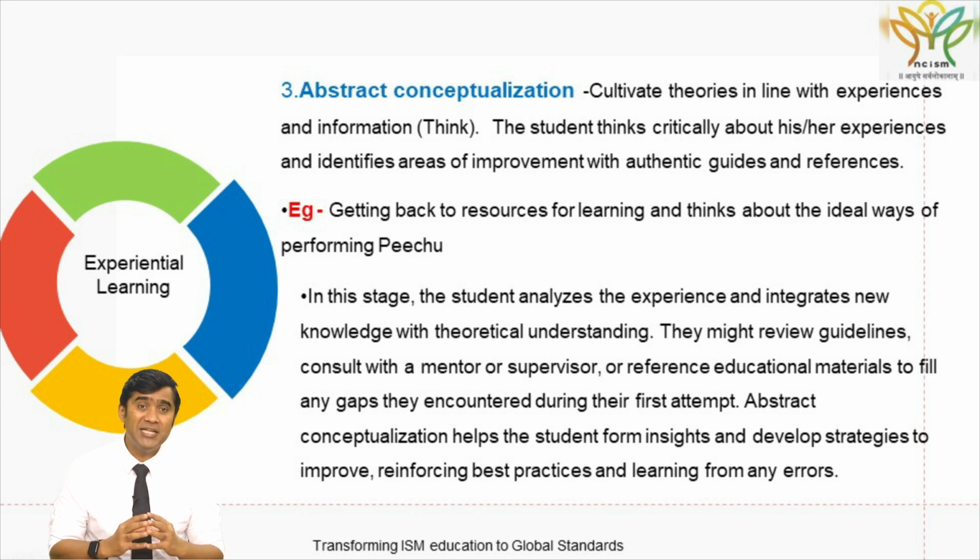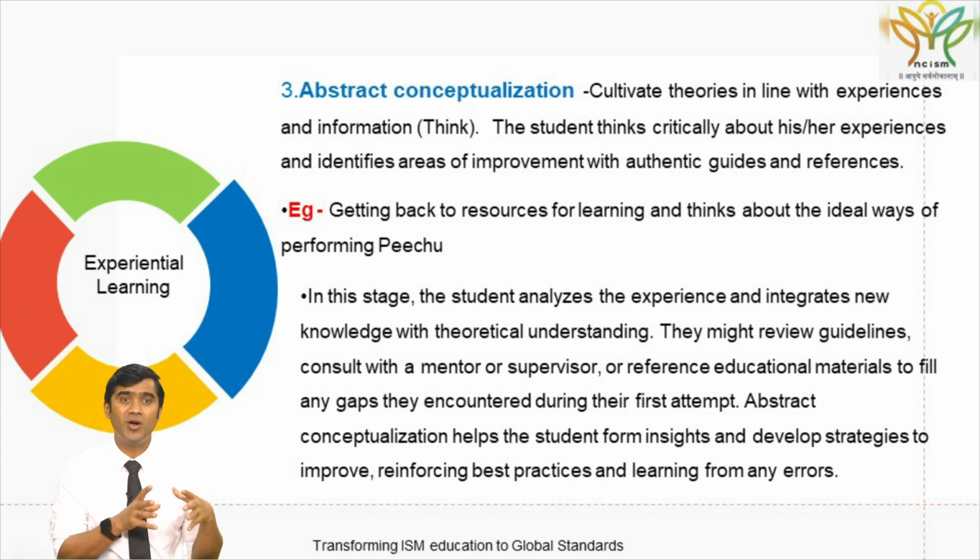So abstract conceptualization helps the students form insight and develop strategies to improve, reinforcing best practices and learning from any errors. So at this point, the student cross-checks whether what he has done follows the right principle or not.